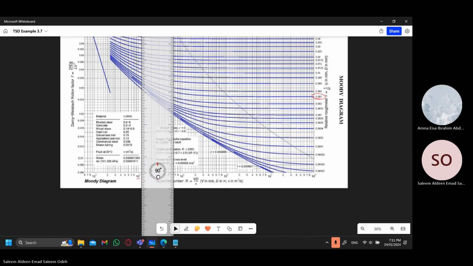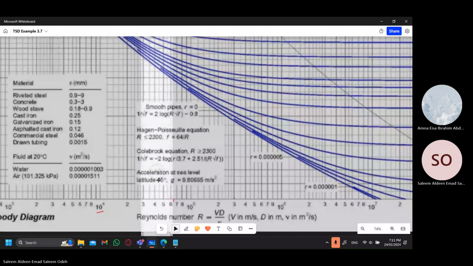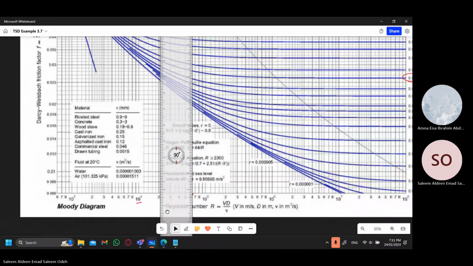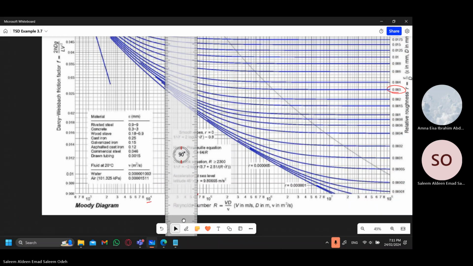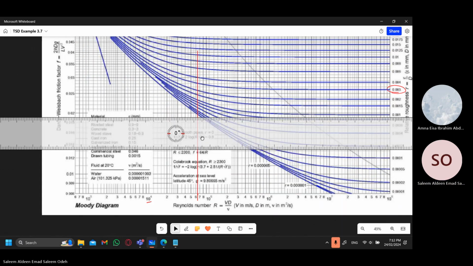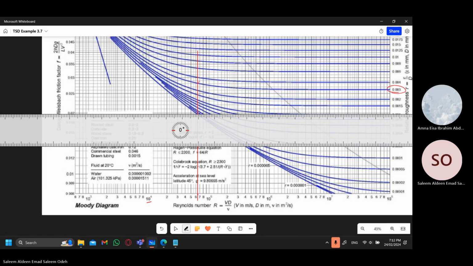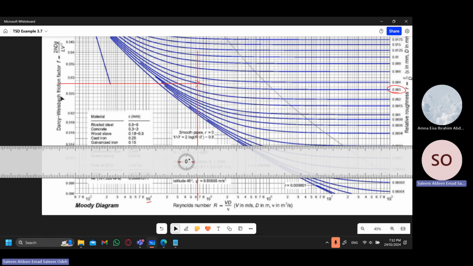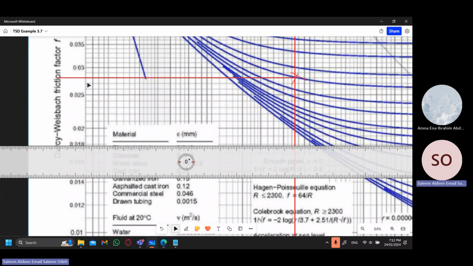We will line it up. We will go to the point of intersection, which is right here. We'll draw a line straight left, and we will get the new friction factor, which is 0.028.